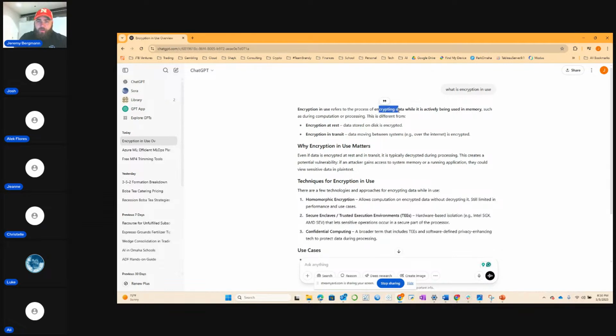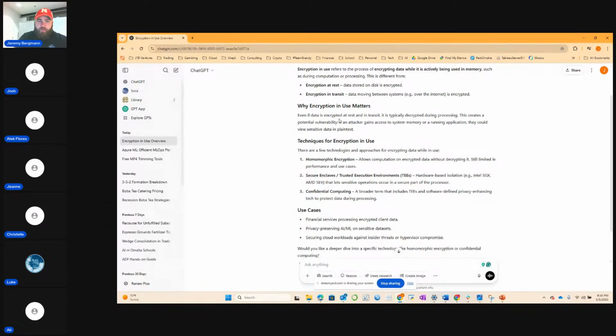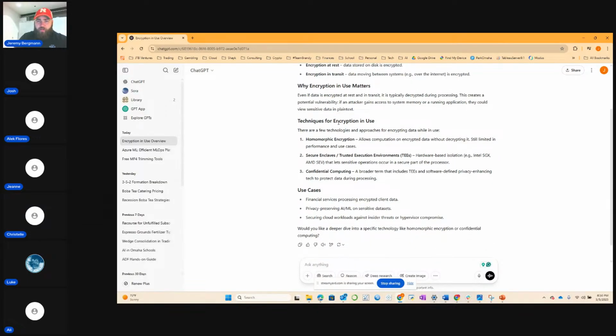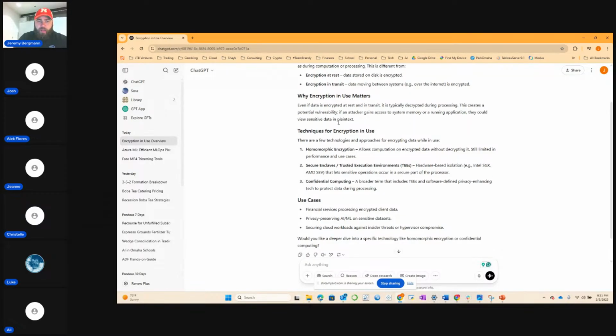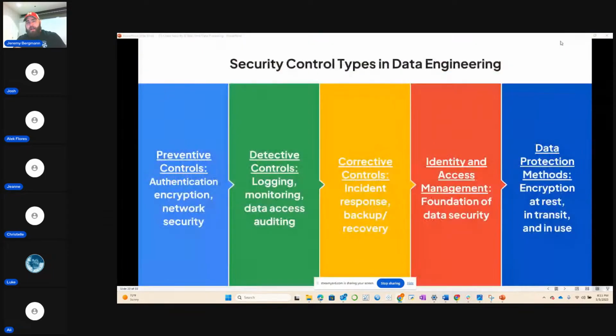Okay, encrypting data while it's actively being used in memory. Even if data is encrypted at rest and in transit, it's typically decrypted. It creates a vulnerability if an attacker gains access to system memory. Okay, so this is like if you're actively using an Excel spreadsheet.